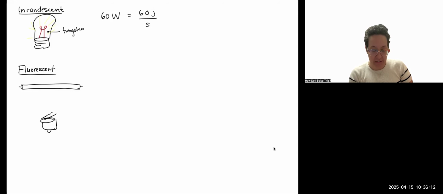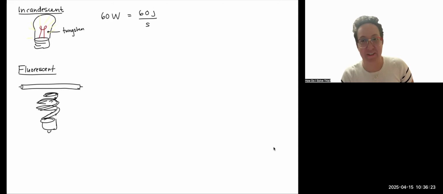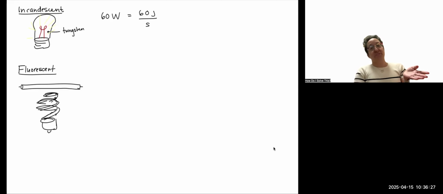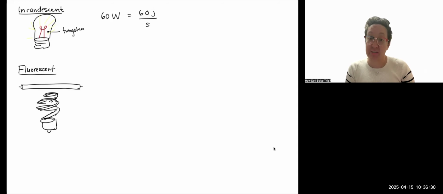So they had a twirling kind of tube that went up. Please remember, I didn't go to art school. I went to physics school. Those are also a type of fluorescent. Very hard to find nowadays, I would say.